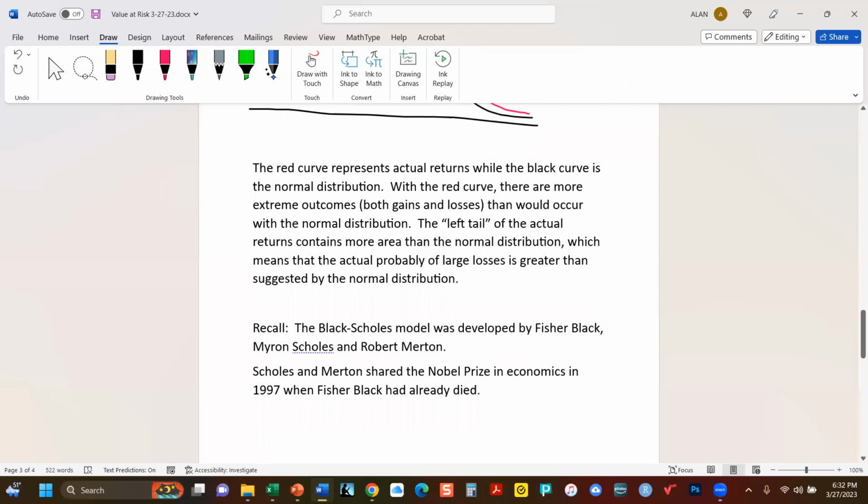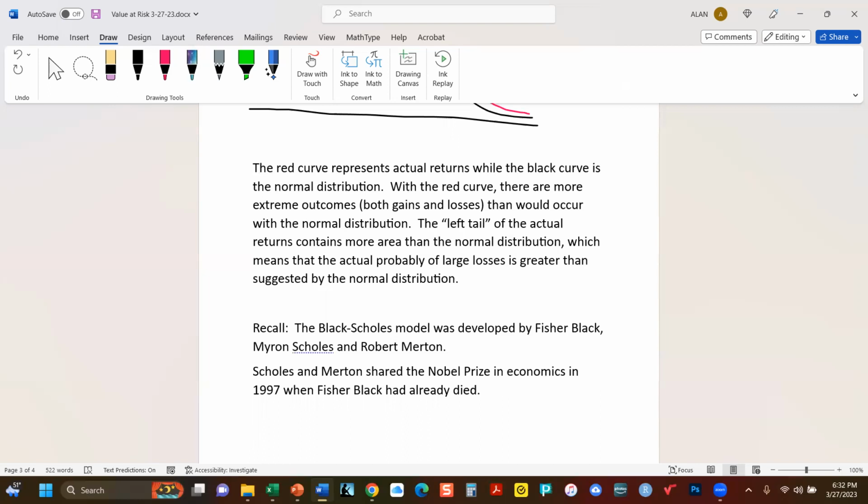Now, if you ever look at the history of these Nobel Prizes in economics, you'll notice that they tend to be given out way after the fact. This paper was published in 1973, and it took 24 years to get around to giving them their Nobel Prize. There's something about the economics prize, it tends to be more of a lifetime achievement award than anything else, not for a single great development. So it took a while to get to them.